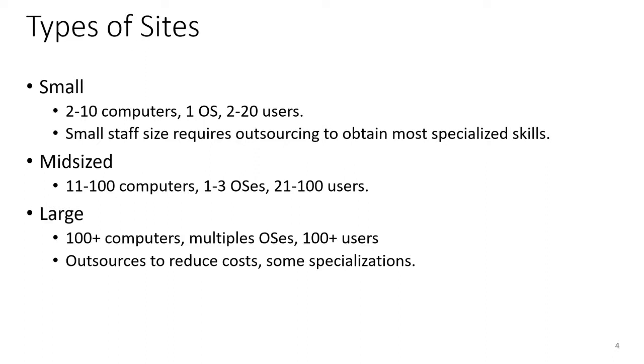There are some organizations that will do system administration as a service to other organizations, particularly small organizations. So then they may be outsourced like that. Whereas in a mid-sized organization, we will have more users, more computers, and sometimes even more than one operating system in use.